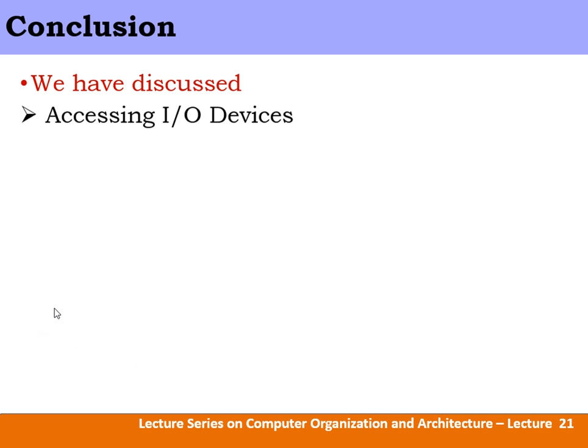So the conclusion is, we have discussed accessing of IO devices. That is, if data needs to be exchanged between the processor and an IO device, how can it be exchanged? There are different methods of connecting the IO device to the processor.